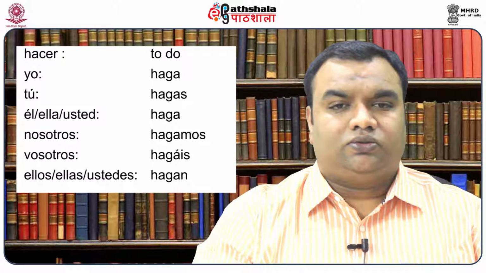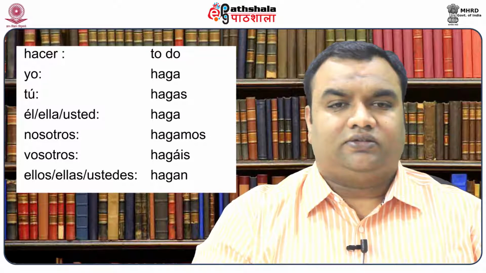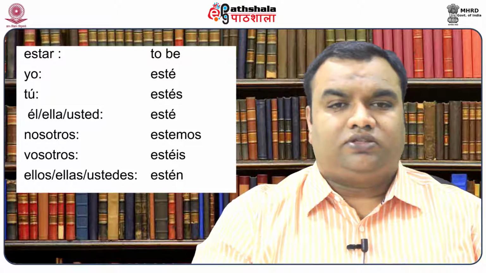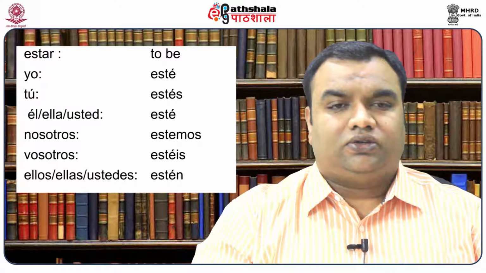Hacer, which means to do, in the present subjunctive is conjugated as yo haga, tú hagas, él, ella, usted haga, nosotros hagamos, vosotros hagáis, ellos, ellas, ustedes hagan. Estar, which also means to be, like ser, is conjugated in the present subjunctive as yo esté, tú estés, él, ella, usted esté, nosotros estemos, vosotros estéis, ellos, ellas, ustedes estén.